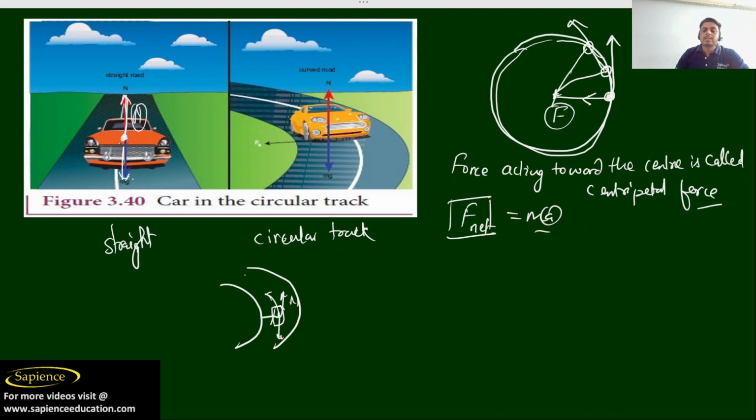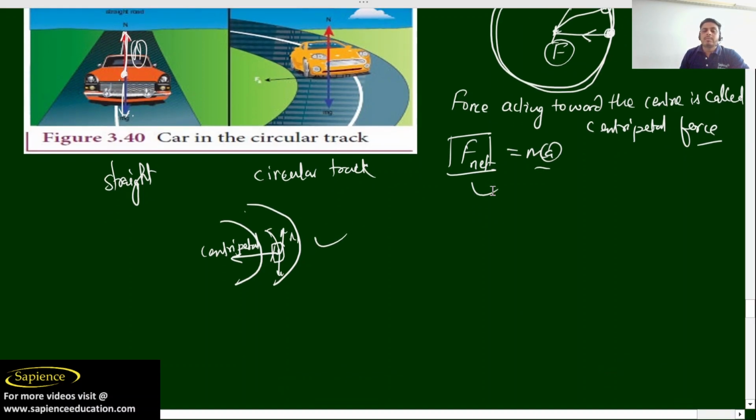There will be an extra force, which is called centripetal force. Why centripetal? Because for any circular motion there is a need for an external force, and this is known as centripetal force. I will discuss more about centripetal force here.